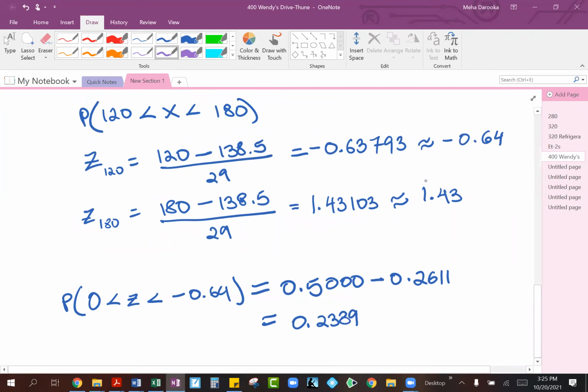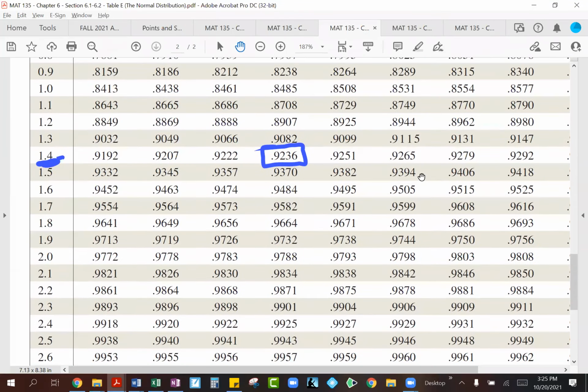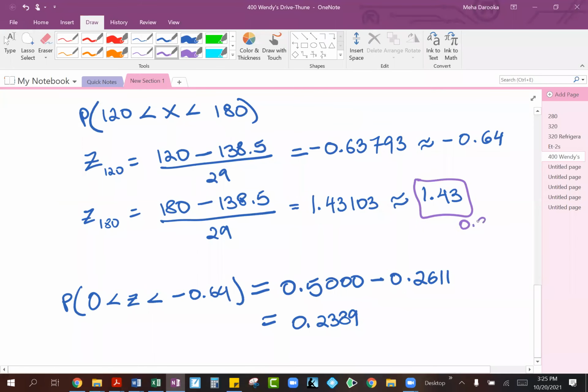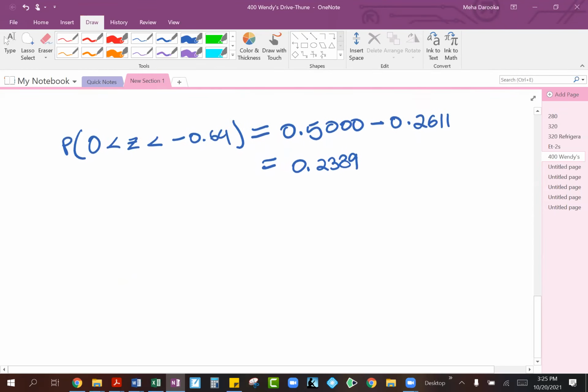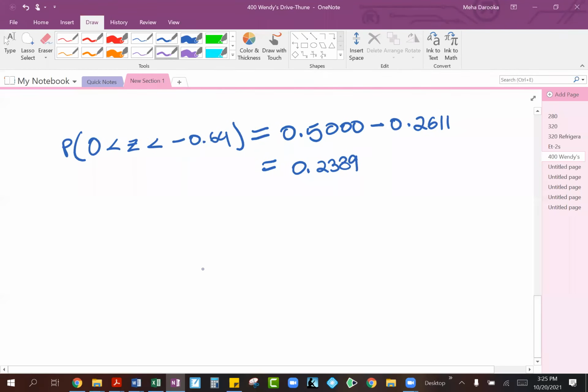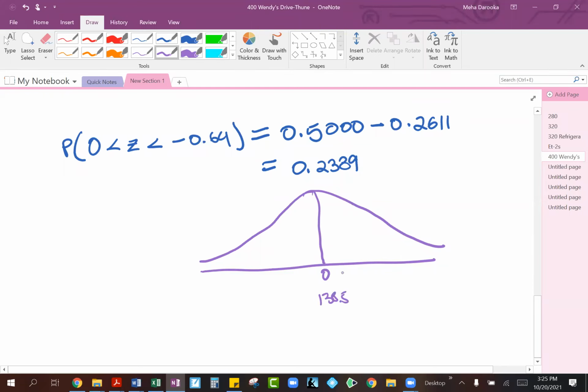So going back to our little calculation over here, this guy came out to be 0.9236. This guy had come out to be 0.2611. Let me show you specifically how you need to calculate this. So here's our mean, 138.5.